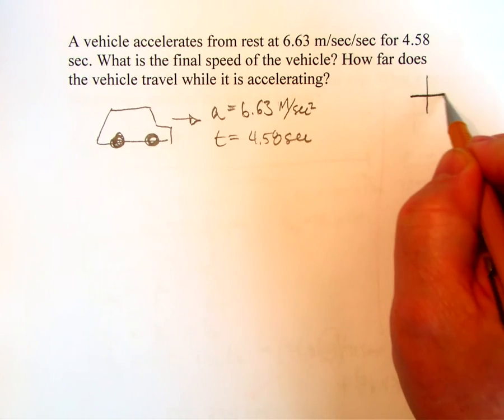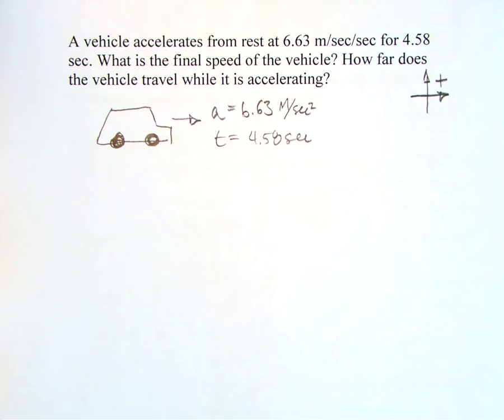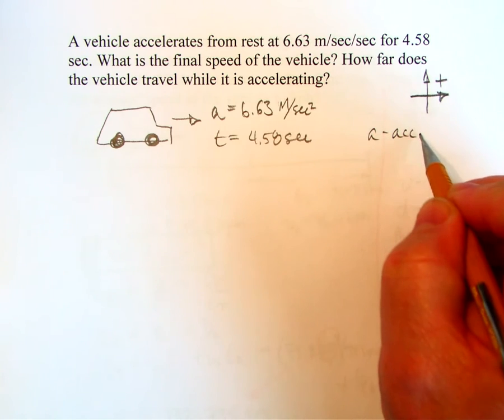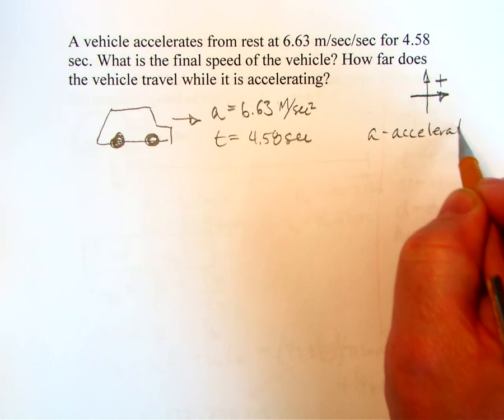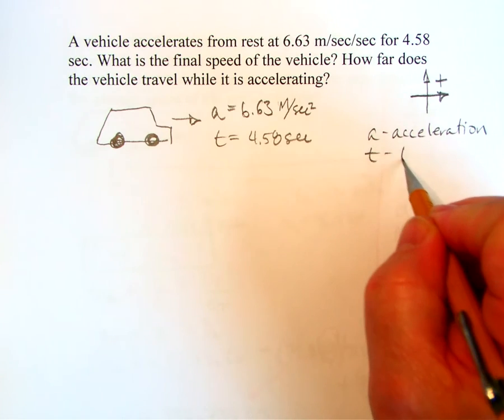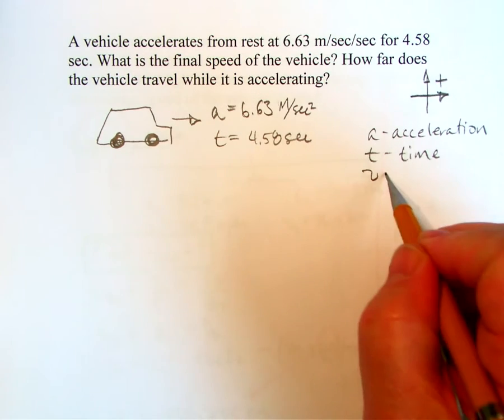First step, of course, is our sign convention. Up and to the right is positive. A is acceleration. T is time. We might have to do some velocity here maybe.